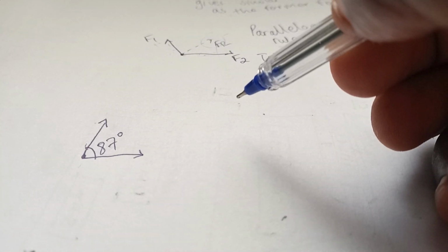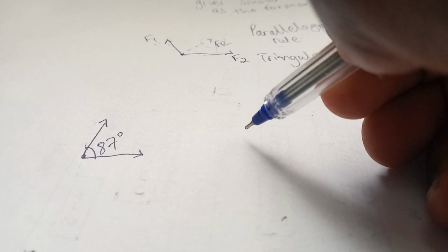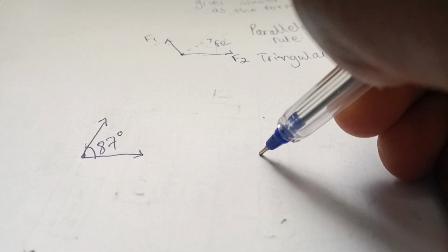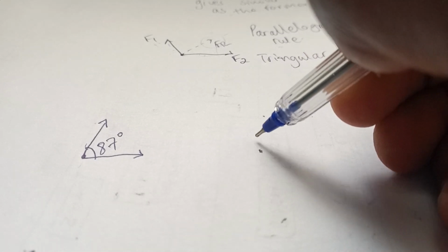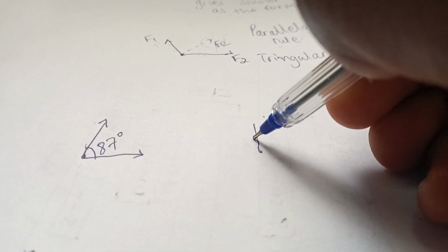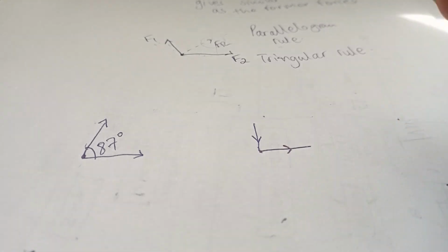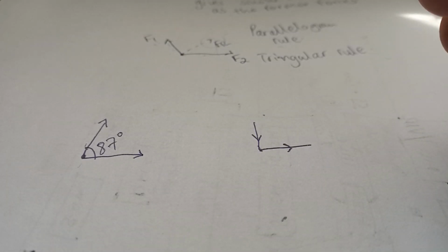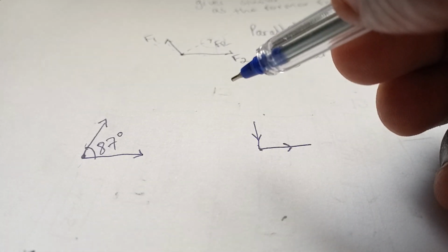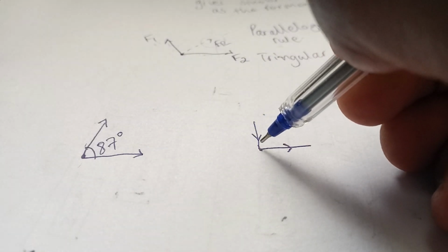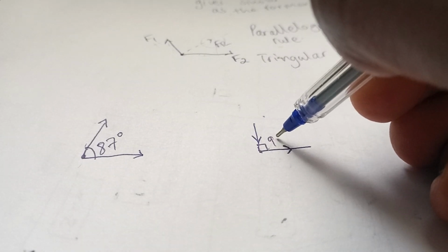And let's say again we have a body here, with one force going towards this direction. Let's say here it's 90 degrees.